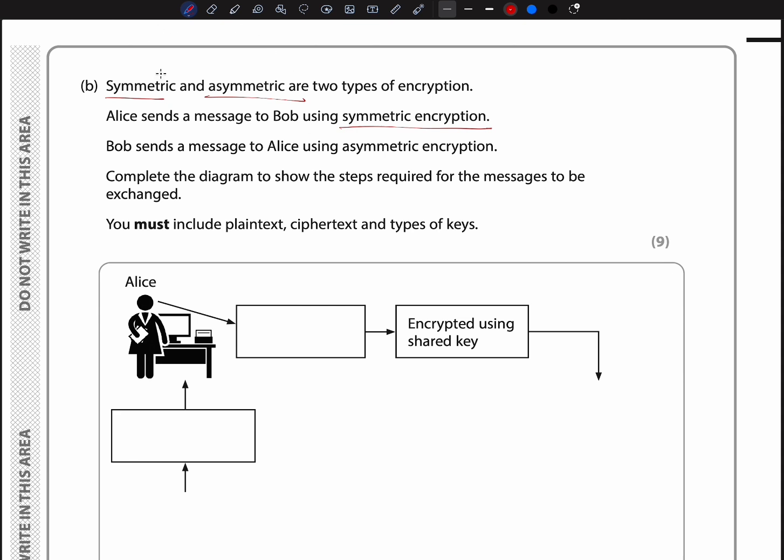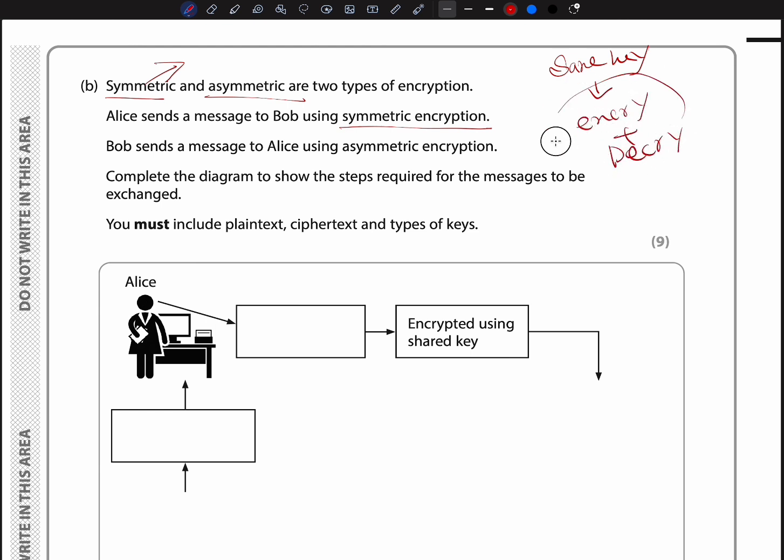Okay, so first of all, we have to understand the meaning of symmetric encryption. The meaning of symmetric encryption is that both encrypting and decrypting use the same key. That means the same key is used for encryption plus decryption.